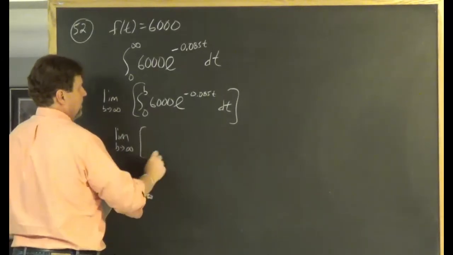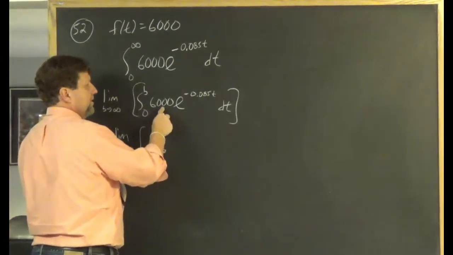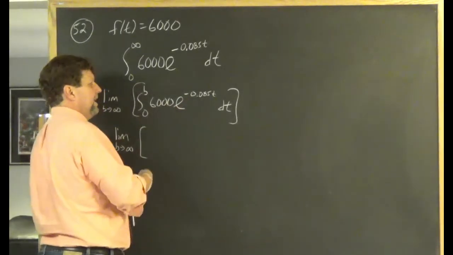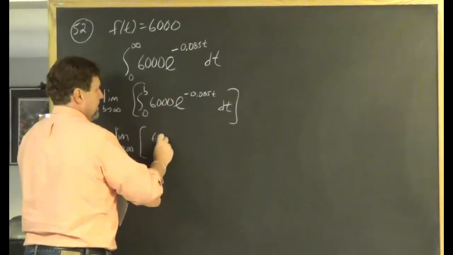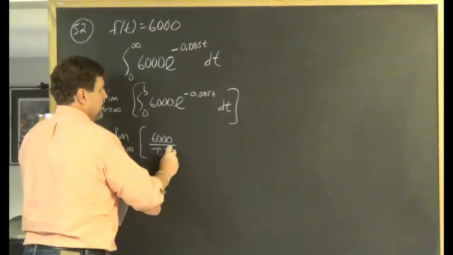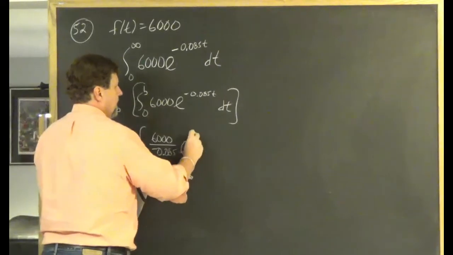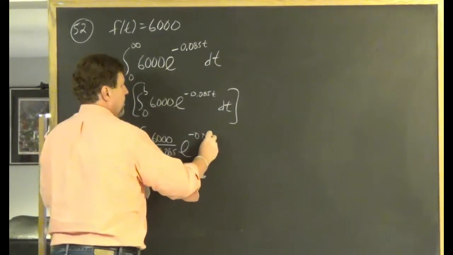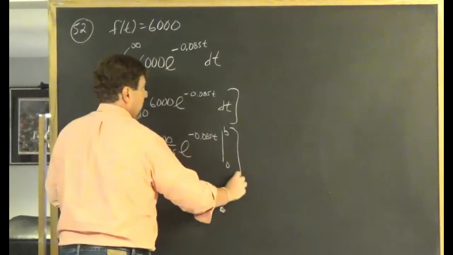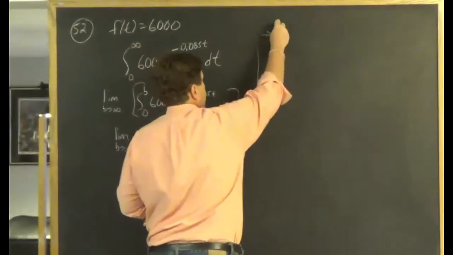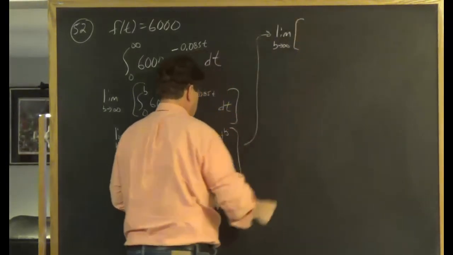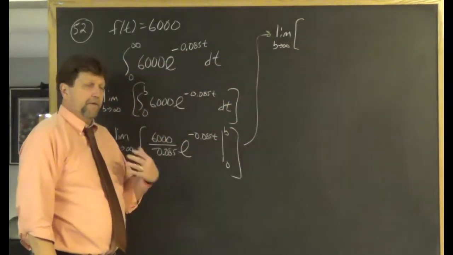Just do it. The antiderivative of 6,000 e to the negative 0.085 t is 6,000 over negative 0.085 e to the negative 0.085 t. Evaluate that from 0 to b. Crank this through the fundamental theorem of calculus.